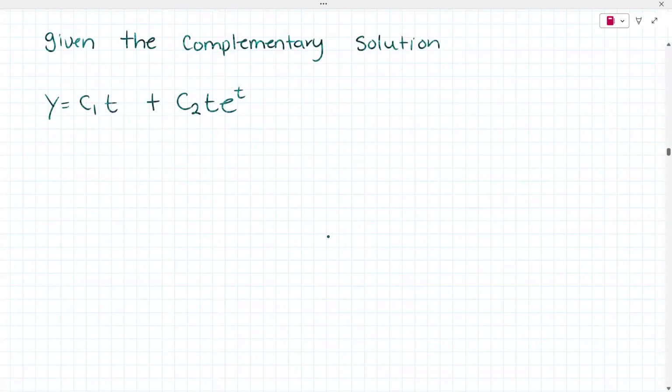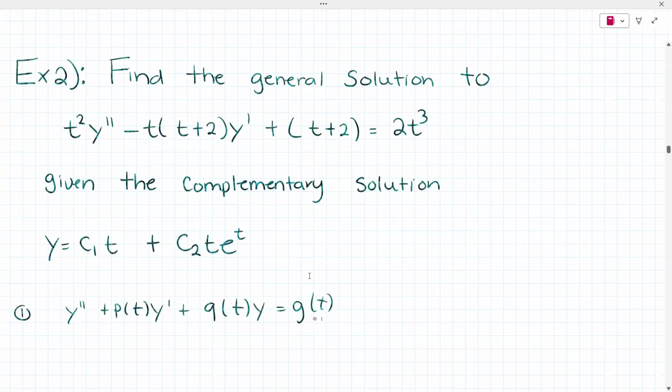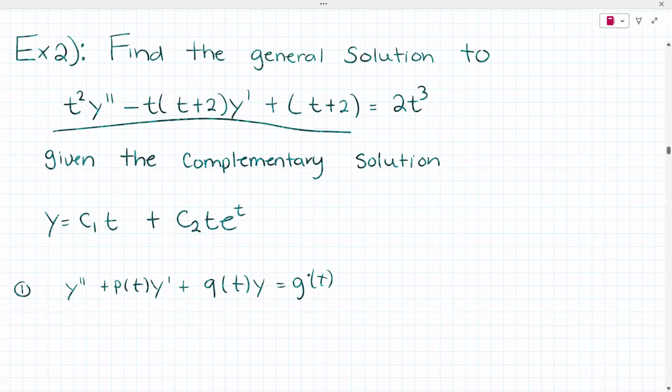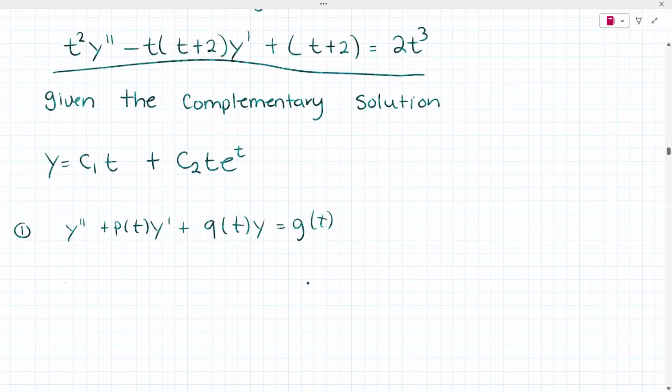So step 1, I would put it in the general form, right? I would put it in this form. So do we have it in this form? No, we don't. We have this, right?